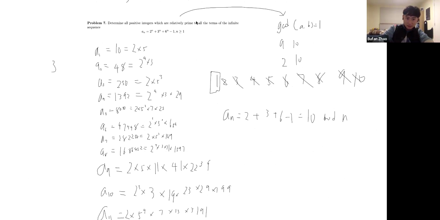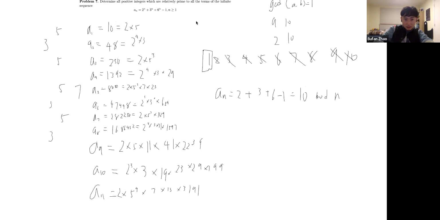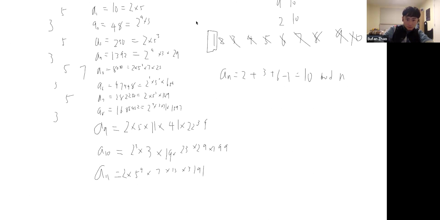and then here. Now, where does 5 appear? 5 appears here, here, here, here. Right. Where does 7 appear? Well, 7 appears here. And here.